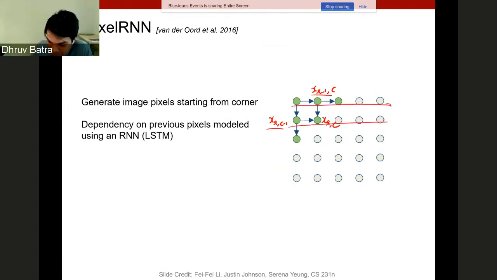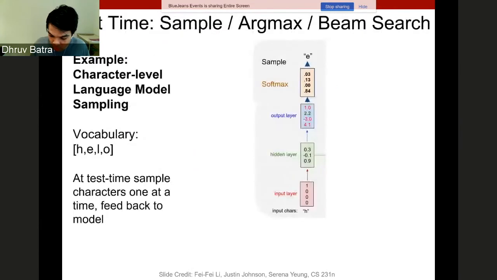So I can go in raster scan order, and when I reach a pixel, I have obviously observed the pixel to its left and top. And I can, from those two and the hidden representation so far, try to predict the pixel value at this pixel. So I've converted just a data set of images into an RNN type conditional explicit density modeling problem. And at test time, I can do the same thing.